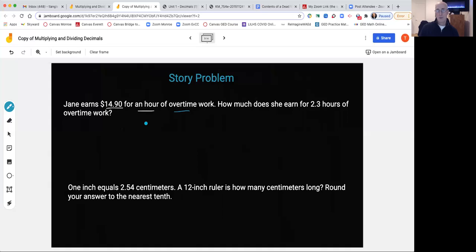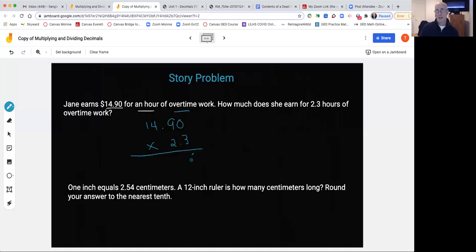So what you would do is $14.90 times 2.3. I'm taking the numbers from the problem. Notice I'm not lining up my decimals because this is a multiplication problem. Then I would do my math.